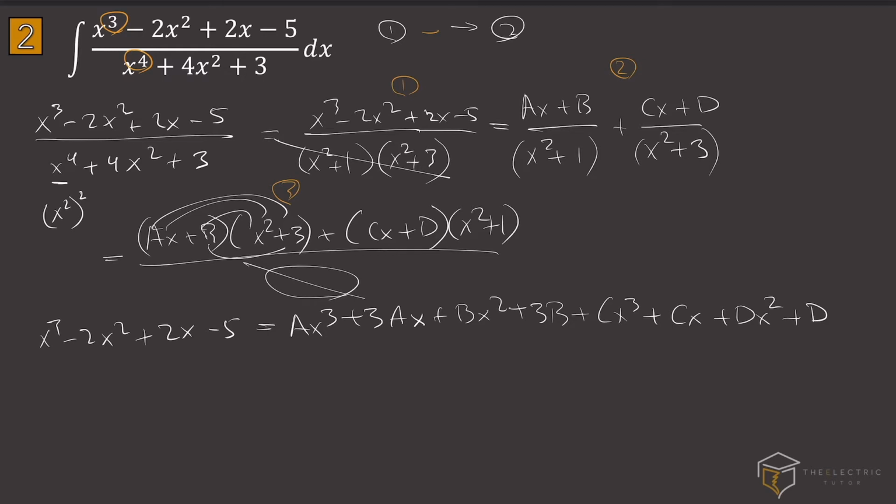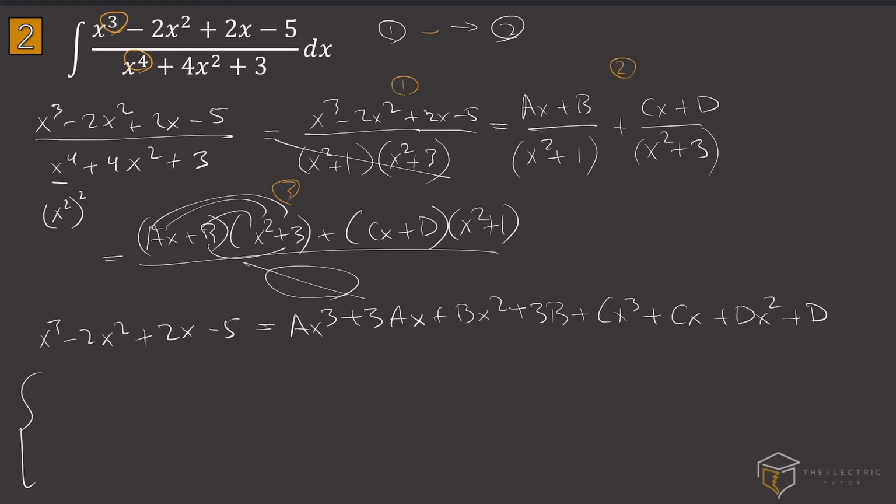I could attempt to group the a's and the b's and the c's and the d's, and maybe I could solve it. However, I'm going to go with the approach of treating this as a system of equations. There's four unknowns, a, b, c, and d. So I'm going to create a system of four equations over here.